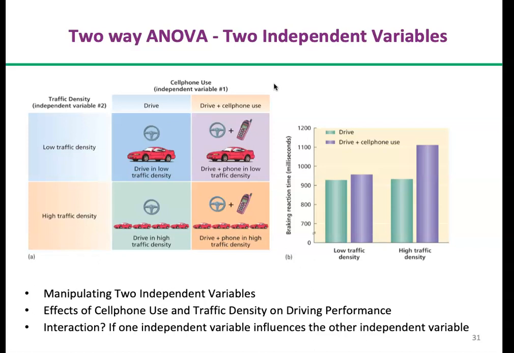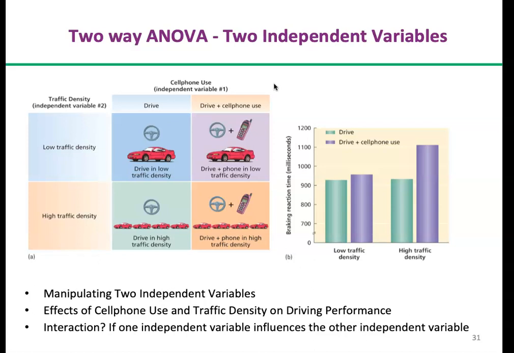And you've got your two bars there. Now, when you combine that, so now you've got low plus cell phone and high plus cell phone. And you can see there that the purples, high plus cell phone, it appears that there is an interaction effect, because look at the jump in the purple under the high traffic density when you're combining it with the cell phone use.